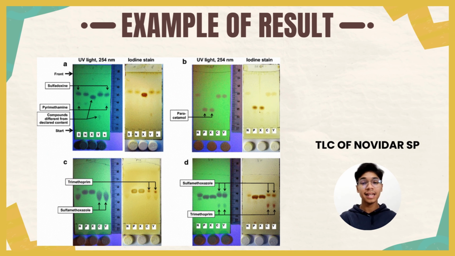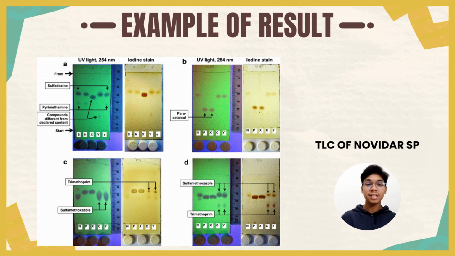And lastly, the TLC of Navidar SP, which is special because it is our daily life medicine such as paracetamol, and it requires UV light or iodine stain for us to see the result clearly, because without the UV light or iodine stain, we cannot see the result with our naked eyes.